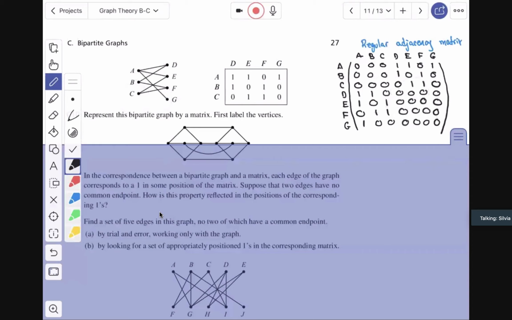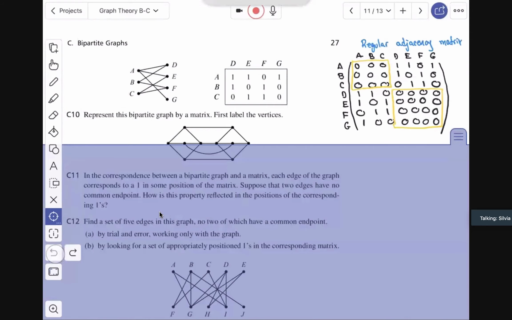But as you can see, all this part right here is full of zeros, and this one is also full of zeros. This is because A, B, and C form one of the parts.